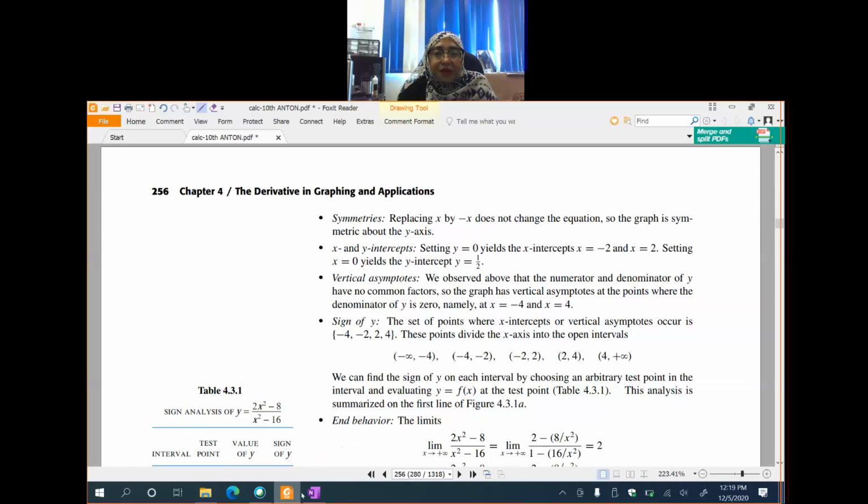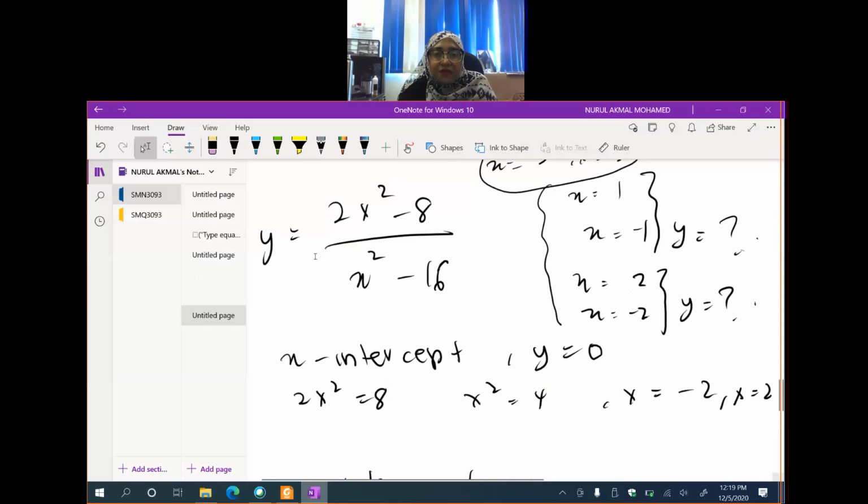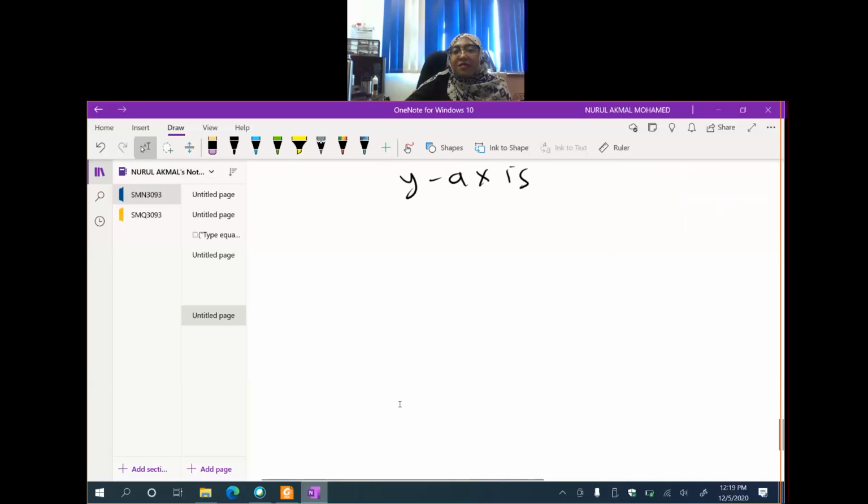Okay, asymptotes. For this function, we have to be careful, as I mentioned before, because it is a rational function. You will have a vertical asymptote.